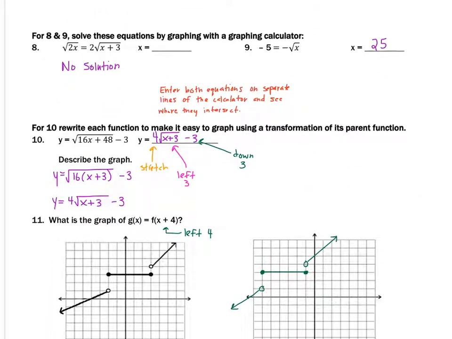All right, for number 10, we're asked to rewrite this function so that it'll be easier to graph. Anytime we're asked to rewrite, we're always going to be factoring out whatever this number is in front of the x, and that number is also always going to be a perfect square.